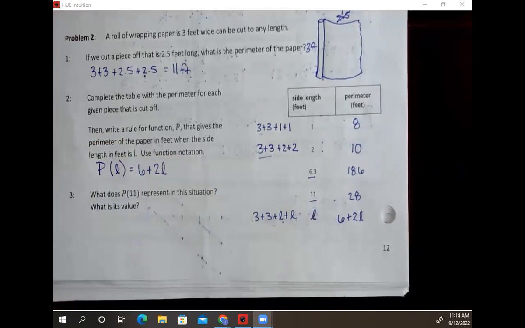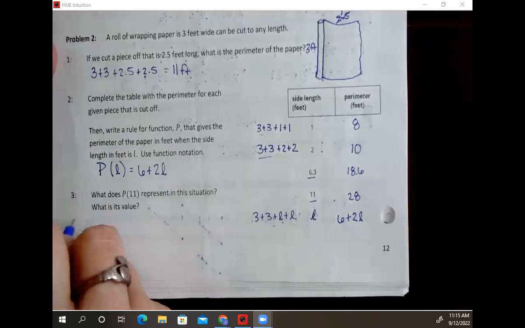Now again, let's interpret this. Notation is only helpful if I know what it means. We talked about that before. What does P of 11 represent in this situation? So P of 11 for this function I just wrote, what is that talking about? What's the P part referring to? Perimeter. And then what's the 11 mean?